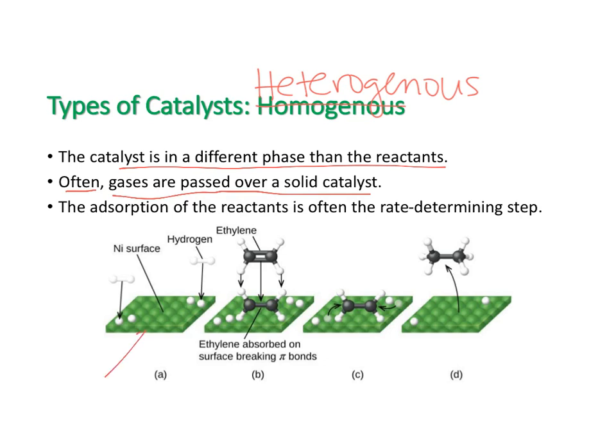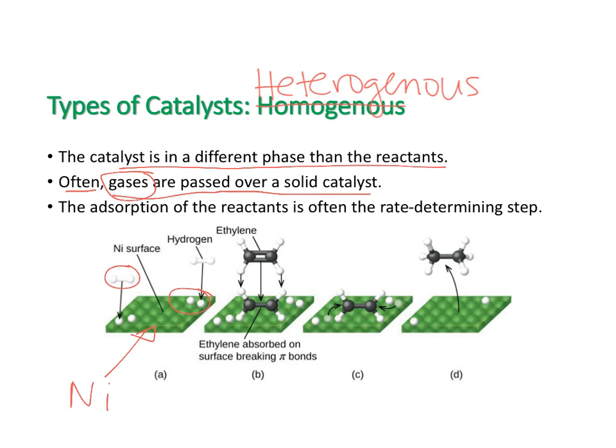So here our nickel is the catalyst. What we have is our hydrogen gas being passed over this solid, and what you have next is hydrogen adsorbing. Adsorbing is kind of like sticking to the surface of the nickel, and then from there you will actually have your reaction.